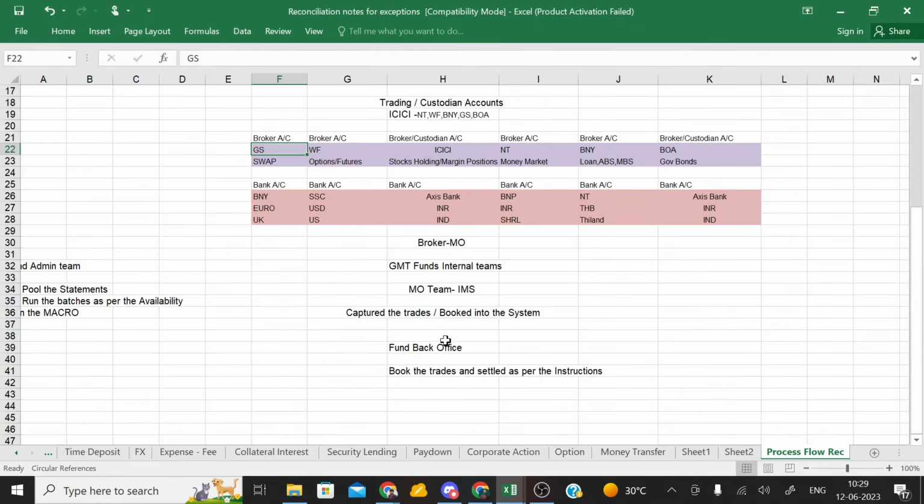But the point here is the fund's back office team, every day, on a T+1 day. T means traded, plus 1 day, received broker statement from MO or maybe broker directly.